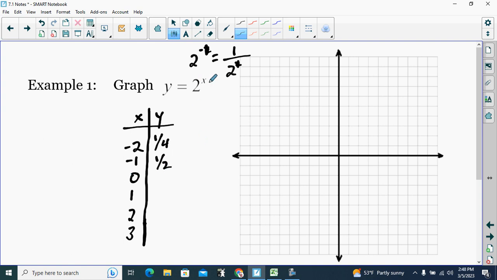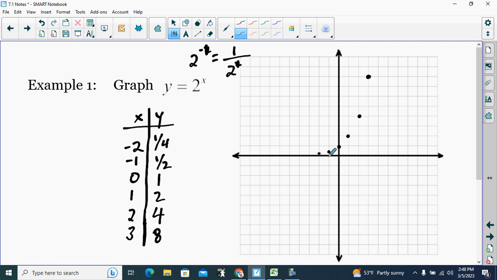Anything to the 0 power is 1. 2 to the 1st is 2. 2 squared, 2 times 2 is 4. 2 cubed is 8. And then we plot these points. We have the points -2, 1/4; -1, 1/2; 0, 1; 1, 2; 2, 4; and 3, 8.